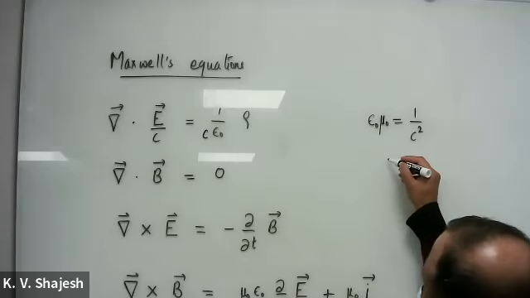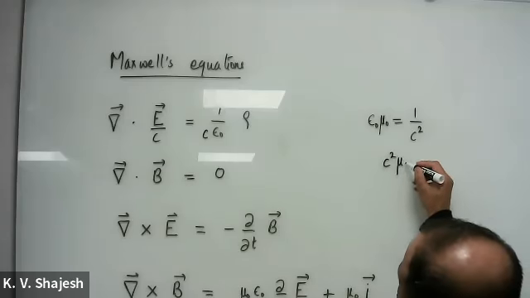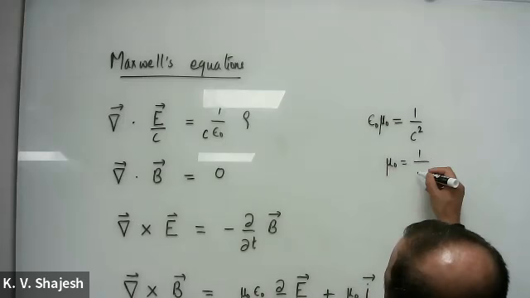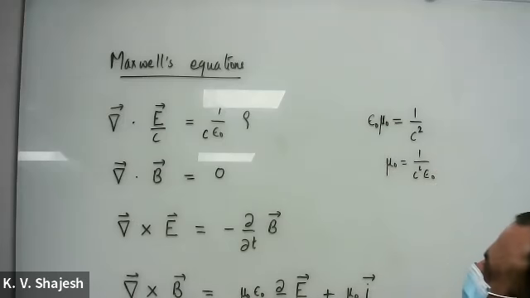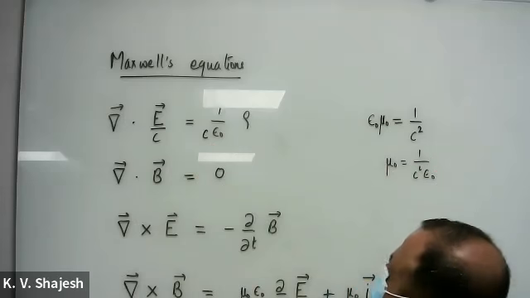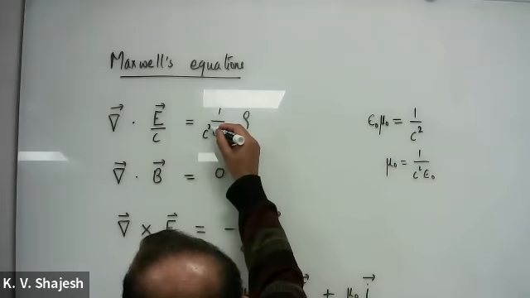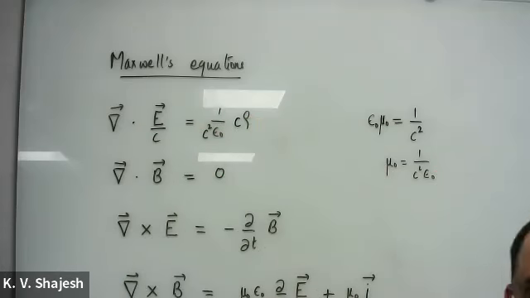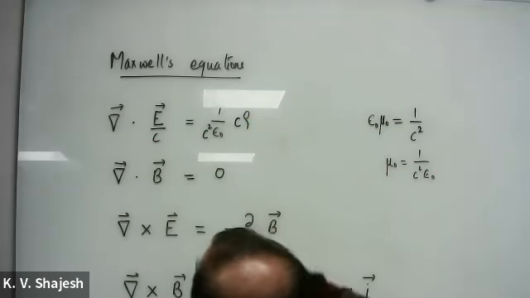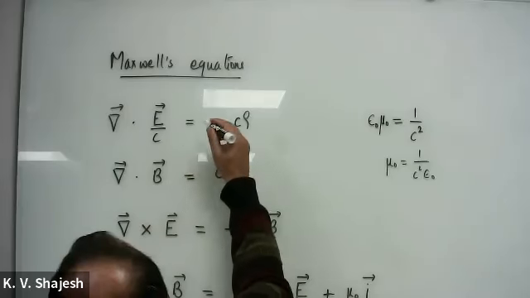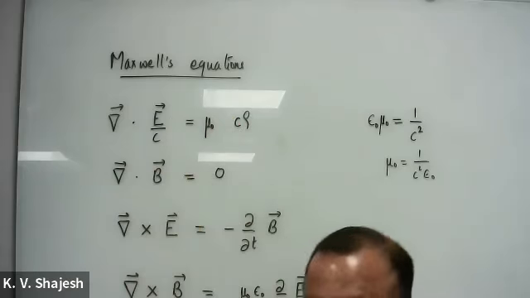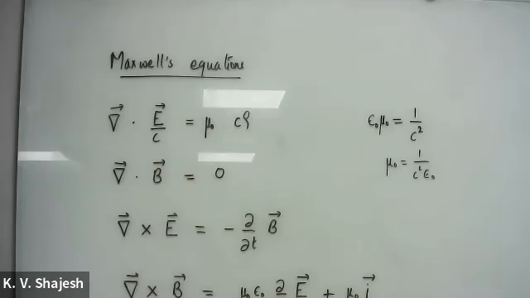And if you notice, mu naught is 1 over c square times epsilon naught. So if I put in one more c square, that helps. I don't want to manage a c there, so I'll give the c to rho. Thus you'll see the motivation there. And c square epsilon naught is mu, so this is mu. So I've put the c with the rho and c in the denominator of E.